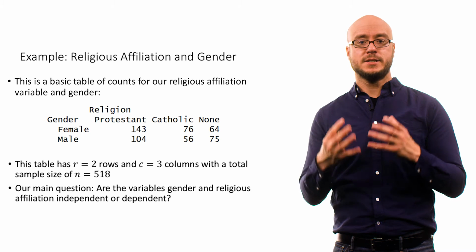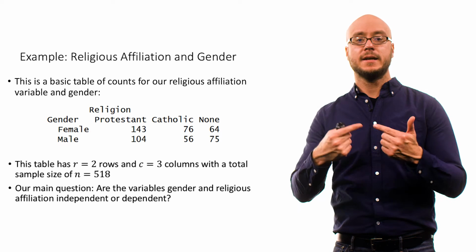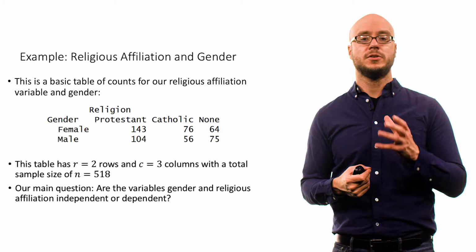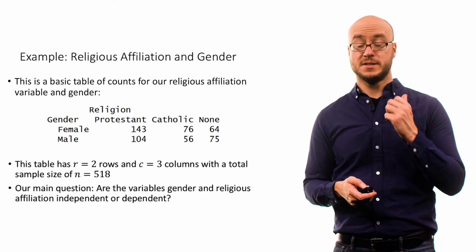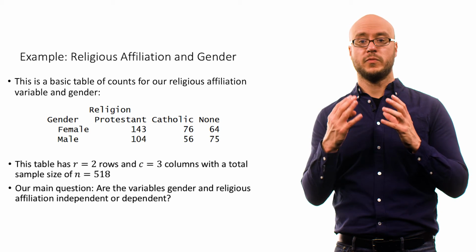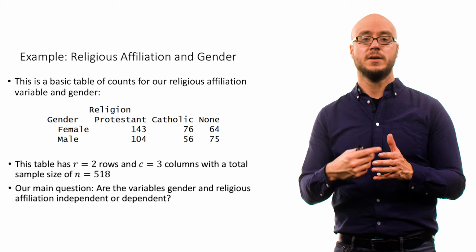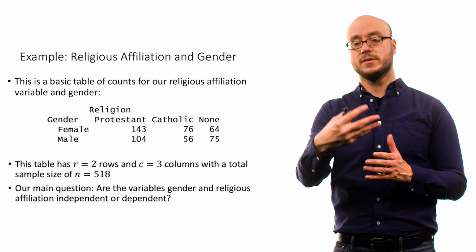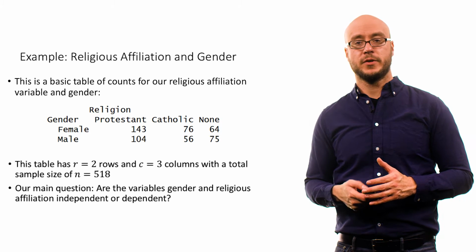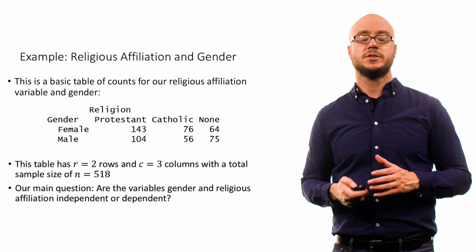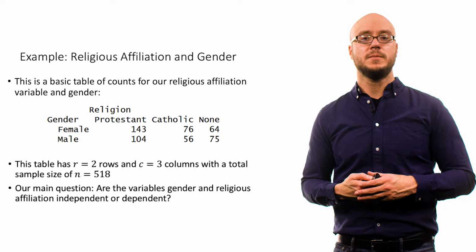But because we don't have access to the population, we need to conduct this chi-squared two-way test for independence. It's a statistical inference test. Again, the idea is we want to use a sample on hand to make an inference about the population. We want to know in the population, are these two categorical variables independent or dependent?